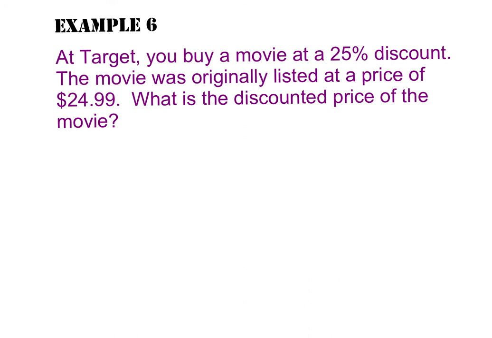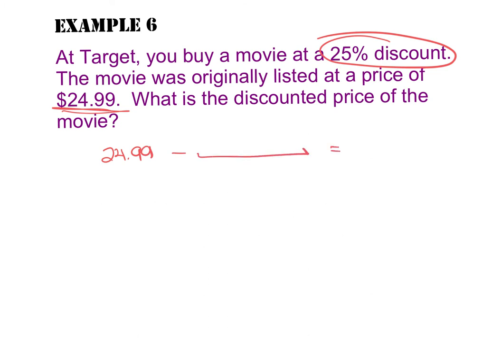And last but not least, it says, at Target, you buy a movie at a 25% discount. The movie was originally listed at a price of $24.99. What is the discounted price of the movie? We're going to take our $24.99 and subtract out our discount, whatever it is, to find our sale price. So we need to find 25% of $24.99.